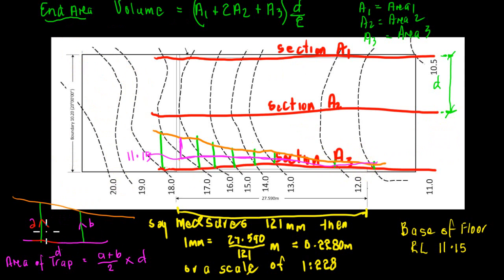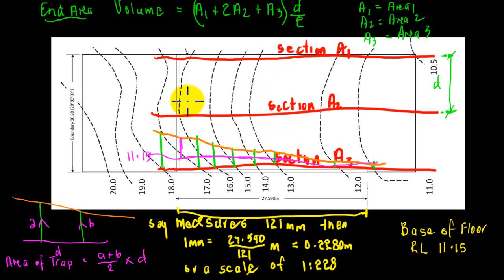But the area of a trapezium, say for instance one of these little things here, is half the sum of the parallel sides, where A and B are the two parallel sides. So you add them together and halve them, and then multiply by the distance between them, and the distance you will be scaling.